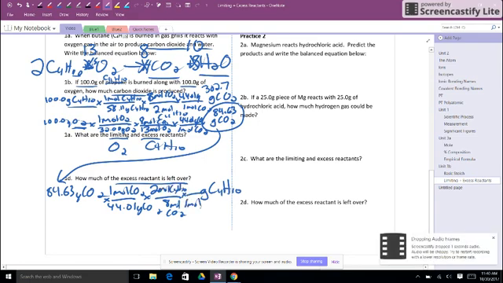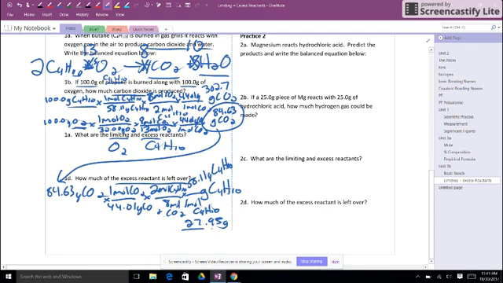And 1 mole of butane is 58.11 grams of butane. I'm kind of run out of room here. Okay, so we do 84.63. We divide it by 44.01. We multiply by 2. We divide by 8. We multiply by 58.11. And we get 27.95 grams of butane.